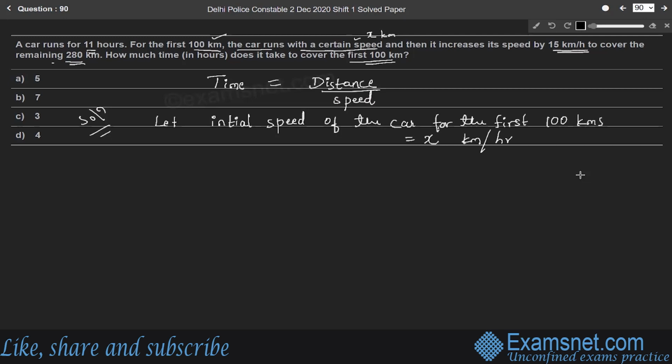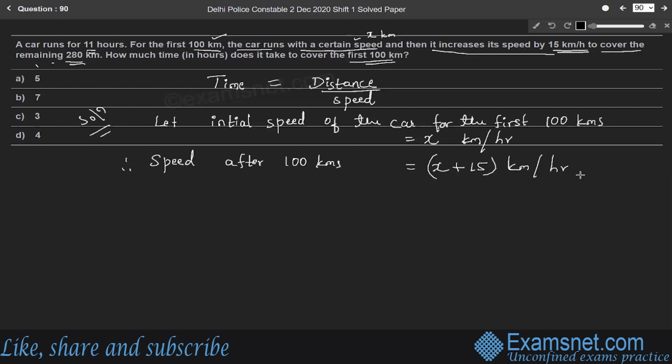So according to the question, after 100 kilometer, it increases its speed by 15 kilometer per hour, right? Therefore, speed after 100 kilometers is equal to x plus 15 kilometers per hour, right?